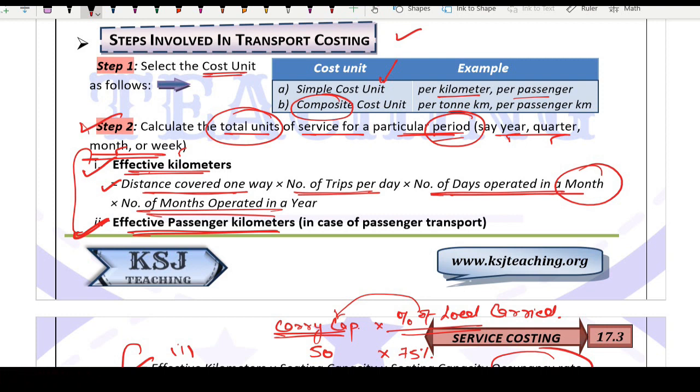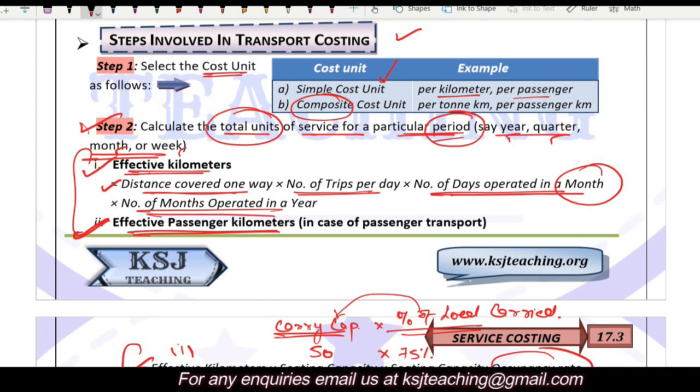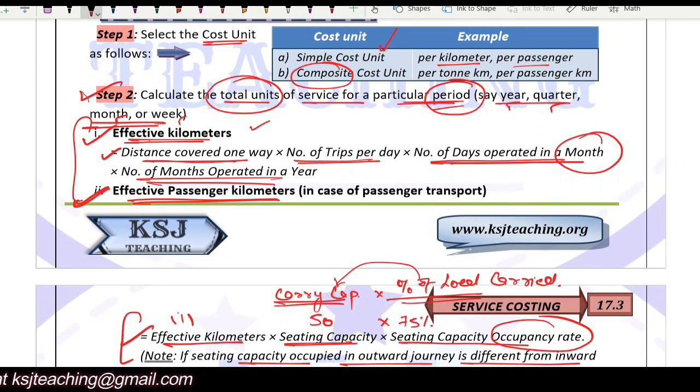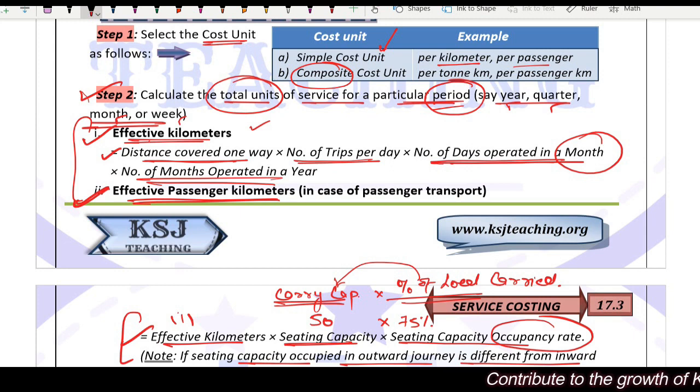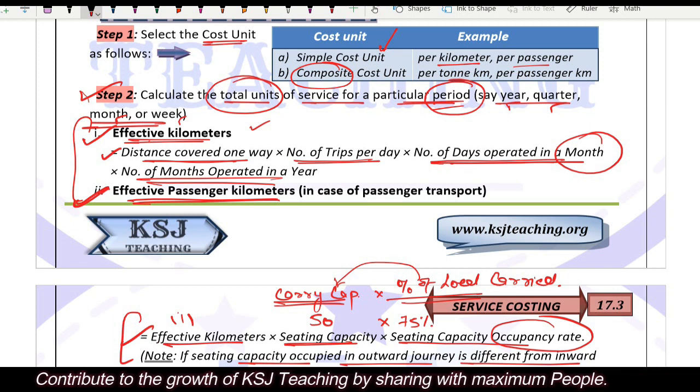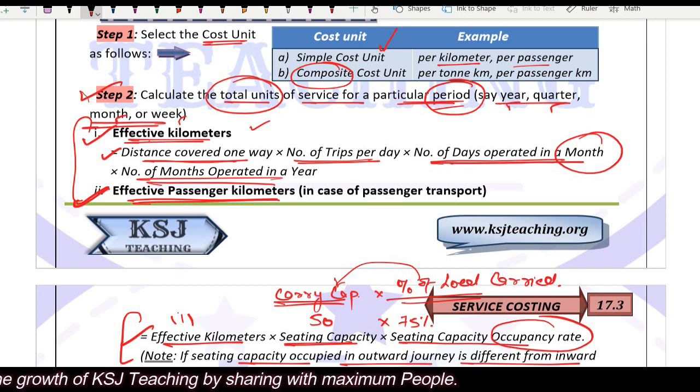So after you have identified the cost unit, you will find out the value, the total units of that service, the value of that cost unit you will find out. For that, if you are following the simple cost unit, you will calculate only and only effective kilometers. Effective kilometers means the distance covered one way multiplied by the number of trips per day. In one day, how many trips of these kilometers you are carrying, right? And the number of days you are operating in a month, and the number of months you are operating in a year.